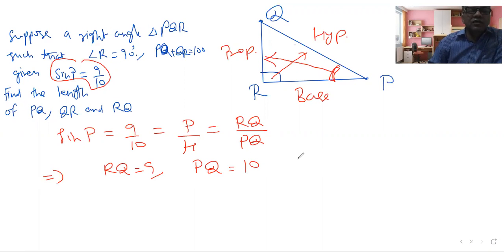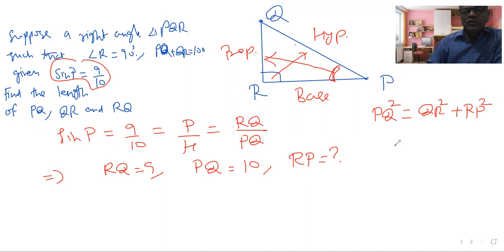So now we have to find the length RP. We know RQ, we don't know what is RP. So by using Pythagoras theorem, we can find this RP. How? We know it very well. Hypotenuse here is PQ. So PQ square is equal to QR square plus RP square.